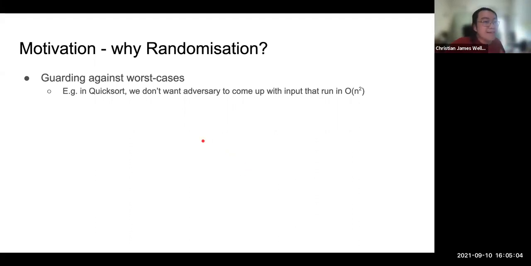But if you make some random decisions in your algorithm, it becomes difficult for some adversary to come up with some input, because even the algorithm doesn't know what it's going to decide for the pivot. So guarding against worst cases, this is the first thing.